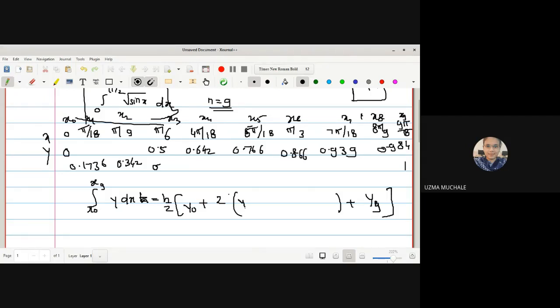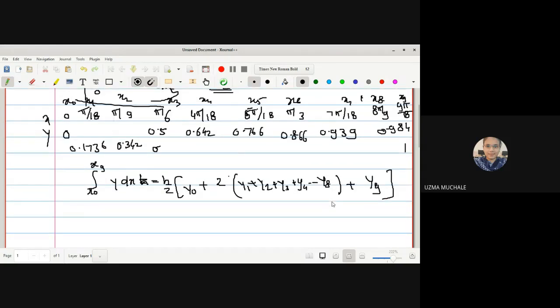Here we have to write the remaining values y1, y2, y3, y4, and so on. The last is y9, right? Now you have all the values. Put in the values and tell me the answer. What is the answer by using the trapezoidal rule?